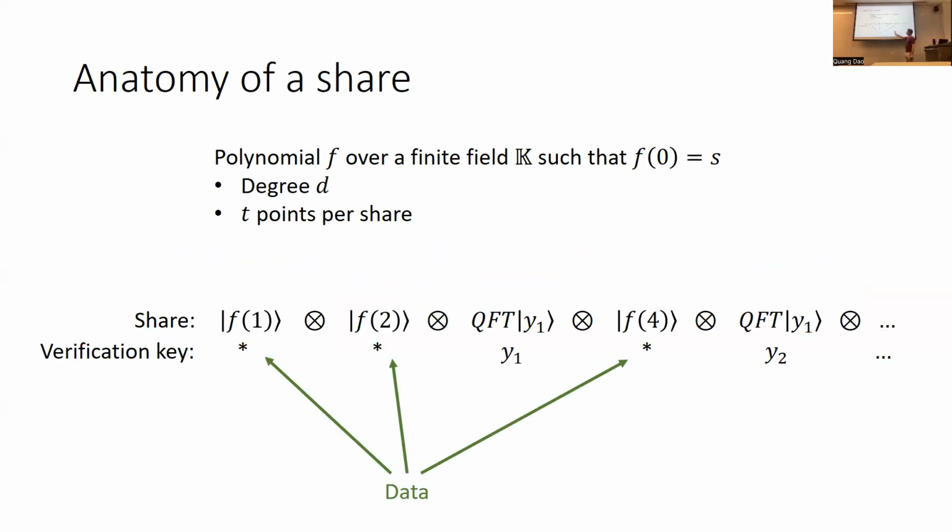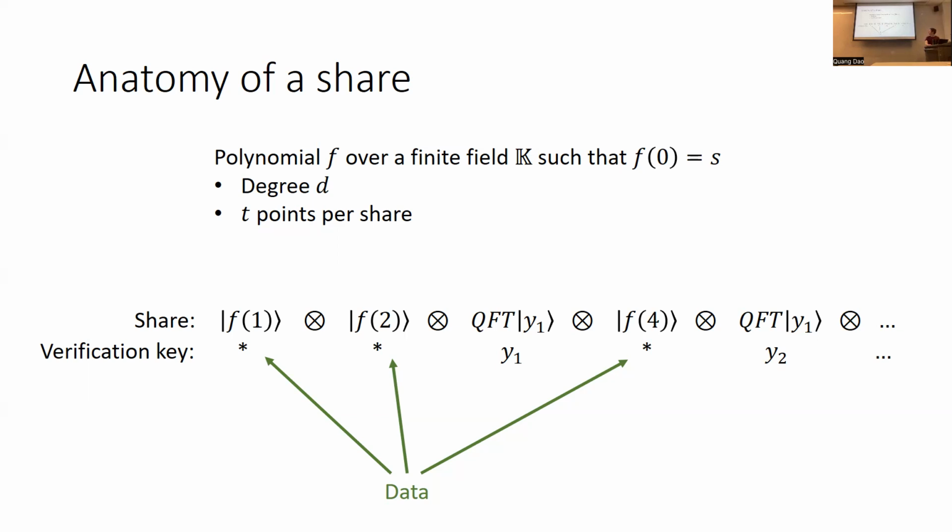So each share is going to consist of some number of polynomial evaluations, where f is some polynomial over a finite field, and f(0) is the secret. The polynomial has some degree d. I'm not going to go into how we tune d, but just know that it exists. There are also key points per share.